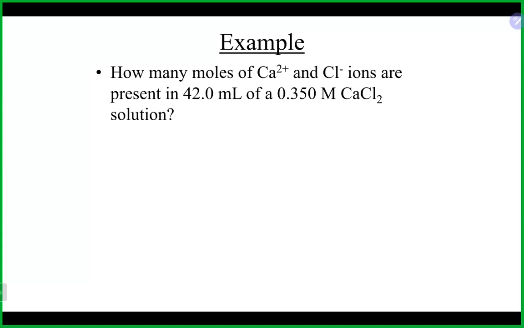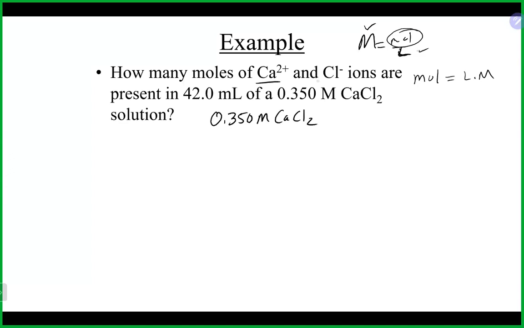In this case, we are definitely dealing still with molarity, which is moles per liter. We are given a volume. It is not in liters, but we do have a volume, and we are given the molarity. So we are ultimately going to rearrange this equation and use it to solve for moles here. Now, since we have the molarity given to us here of 0.35 molar calcium chloride, and we're not interested in the whole thing but in the individual ions here, we could do what we just did, which is figure out how this guy's going to break apart.